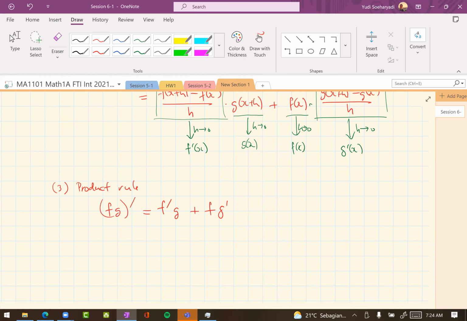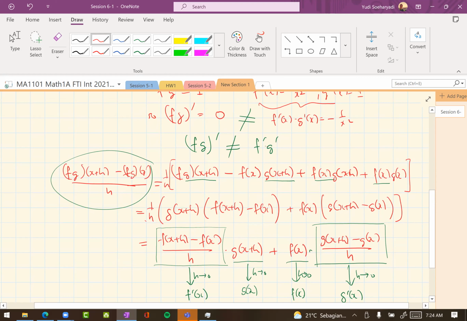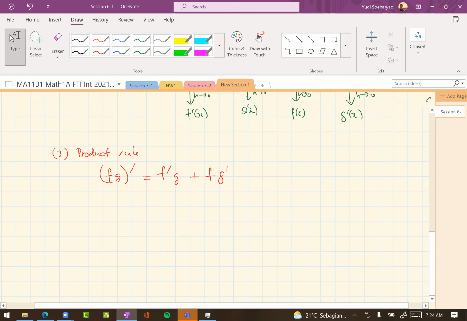And if it doesn't work for a product like this, you don't have any reason to believe it will hold for division. This is like the quotient rule, meaning if you take the quotient f over g, and suppose this is defined, that is g is not 0, then take the derivative.